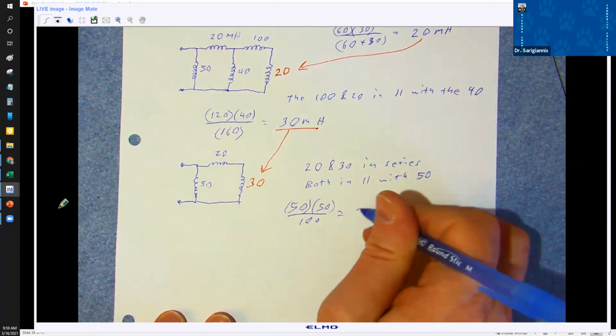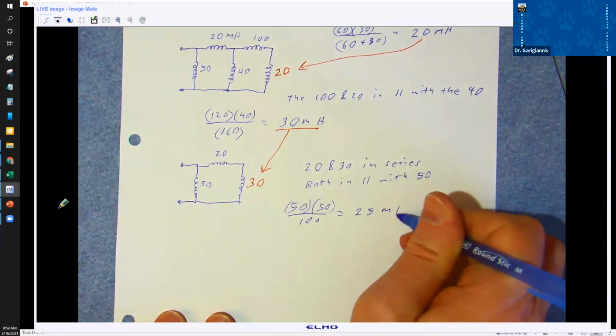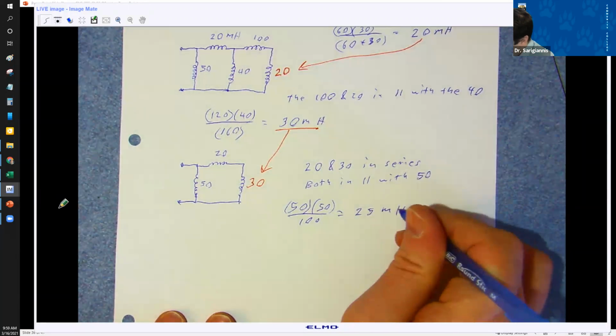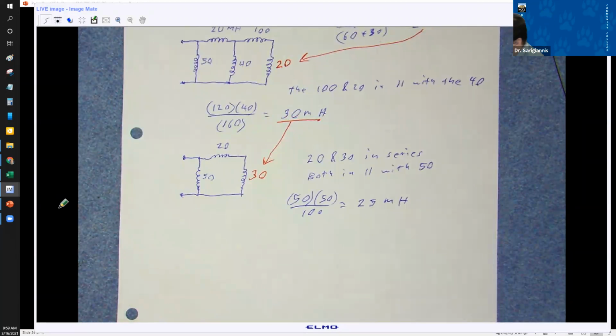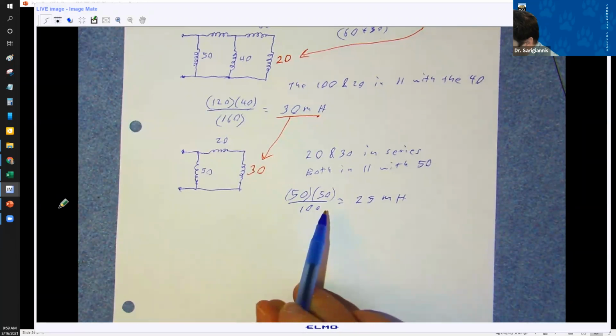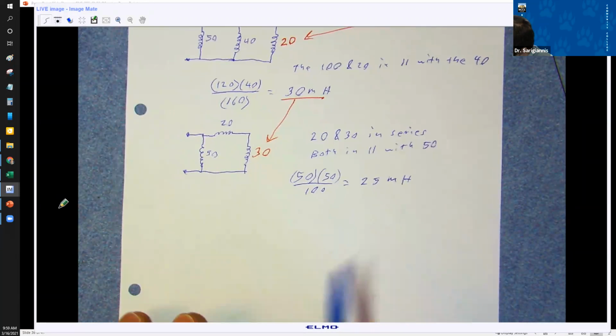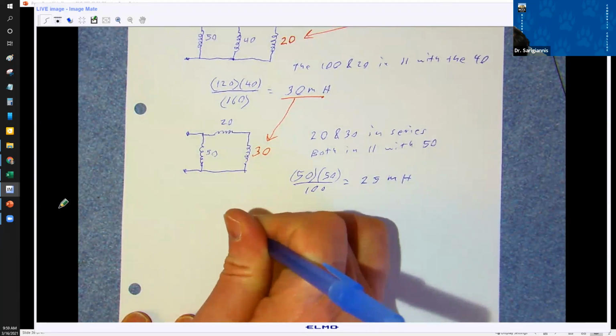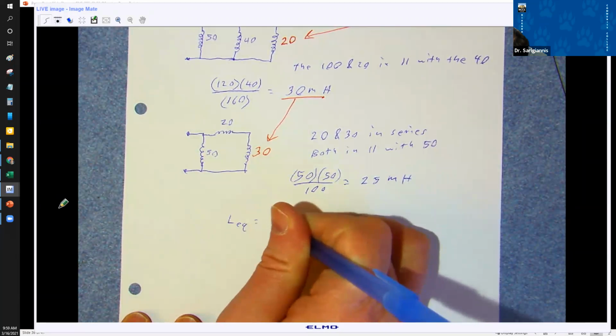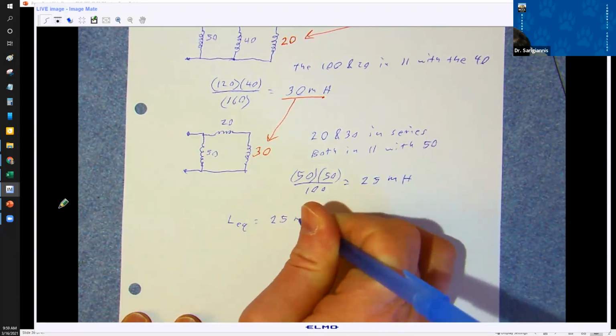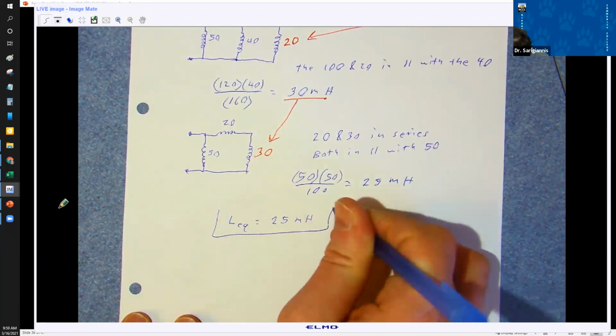Here you wind up with 25 millihenries. And I think by now you've figured out if you have equal resistors, they split, and equal conductors, or equal inductors, they split as well. So the 50-50 cuts in half. So the equivalent inductance is 25 millihenries.